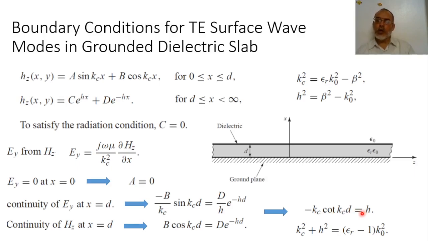And already we know from the Helmholtz wave equation that the relation between Kc and H is Kc squared plus H squared equals epsilon r minus 1 k naught squared. Now, by solving these two relations together, we can obtain the value of the cutoff wave number Kc and the value of H in the free space.